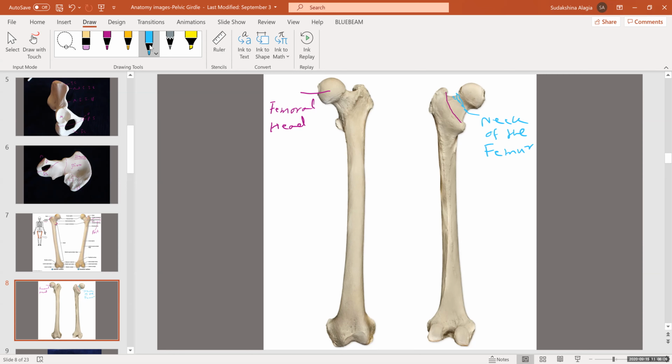Then you want to identify the greater and lesser trochanter. Greater trochanter, these two. Lesser trochanter.